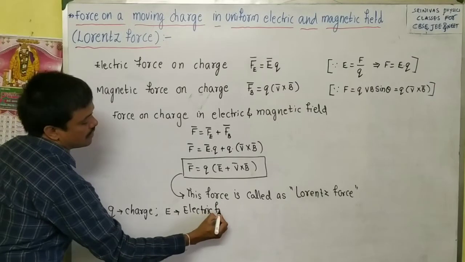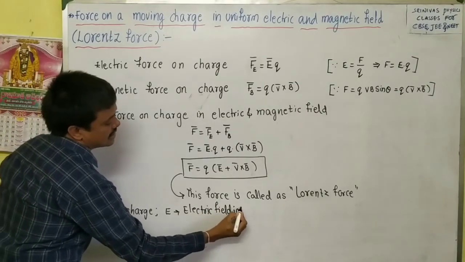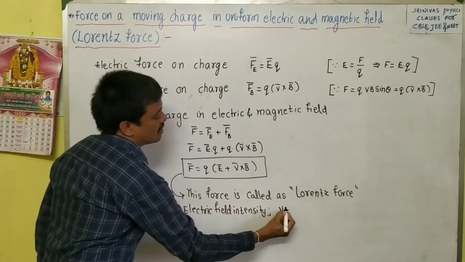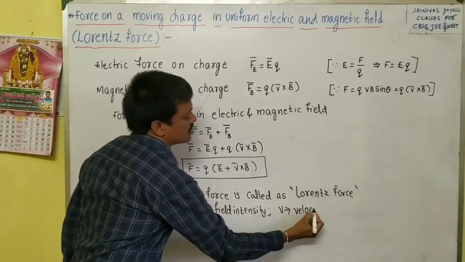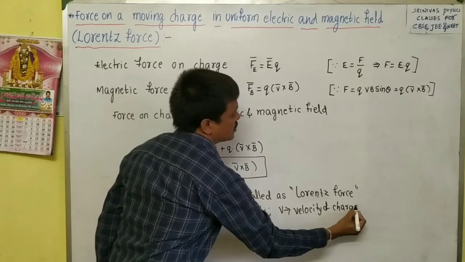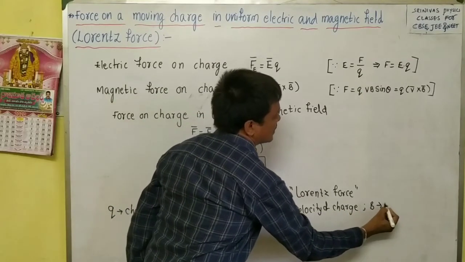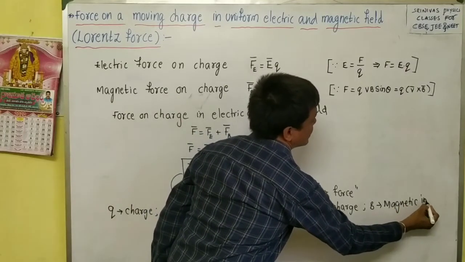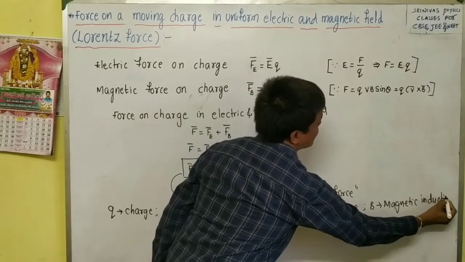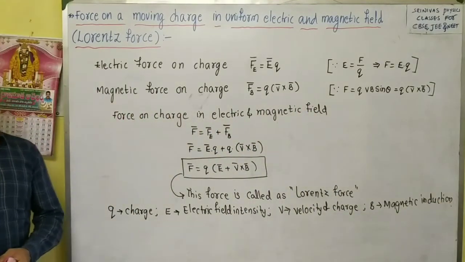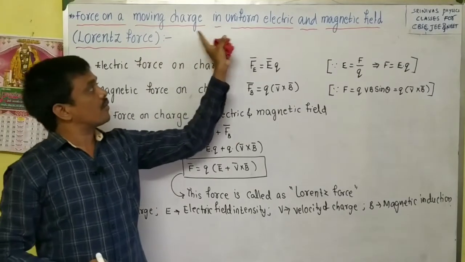V is the velocity of the charge. B is the magnetic induction.